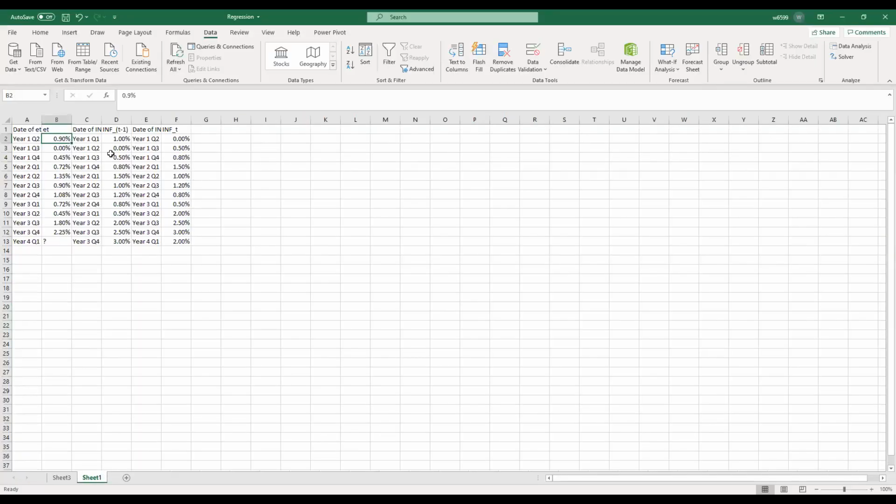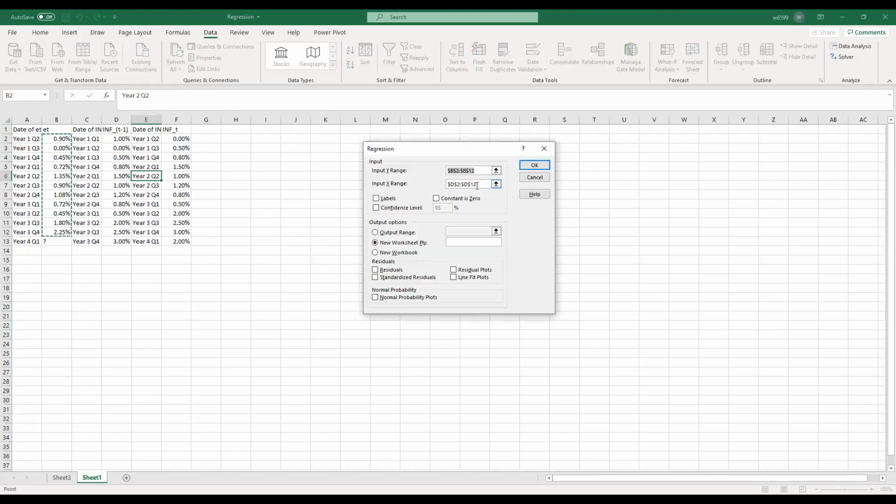So the corresponding data: year 1, quarter 2's percentage change in the British pound is regressed on year 1, quarter 2, the same quarter's inflation rate. So you can see those two are the same. And then we do the regression again.